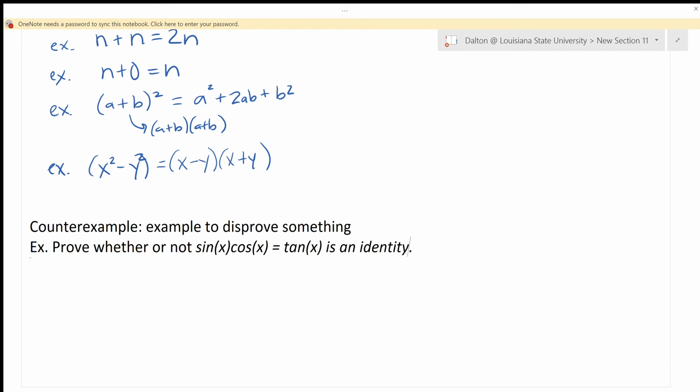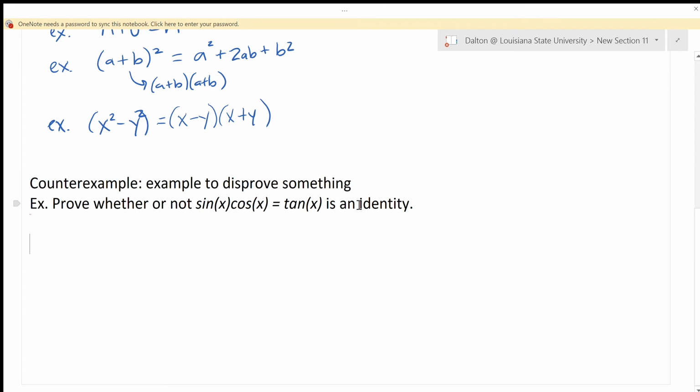So I want you to prove that this is true for all cases, or that you give me one example to show that it's actually false. And I'll give you a hint. We're not going to start with our proofs today. We're just going to get comfortable with our identities. So I'm just going to look for a counterexample to this equation.